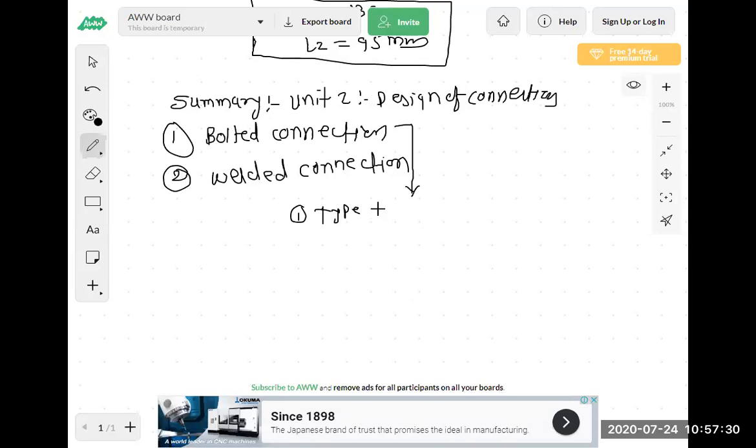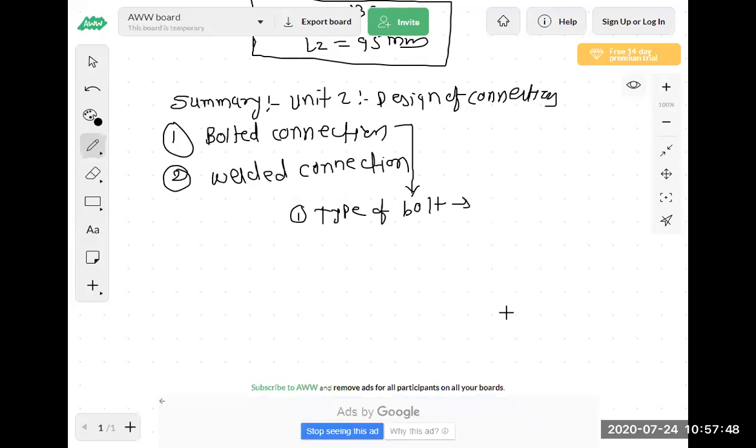Types of bolt: which types have we seen? High friction grade bolt and another; two types of bolt we have seen. Then we have seen the failure of the bolted connection.